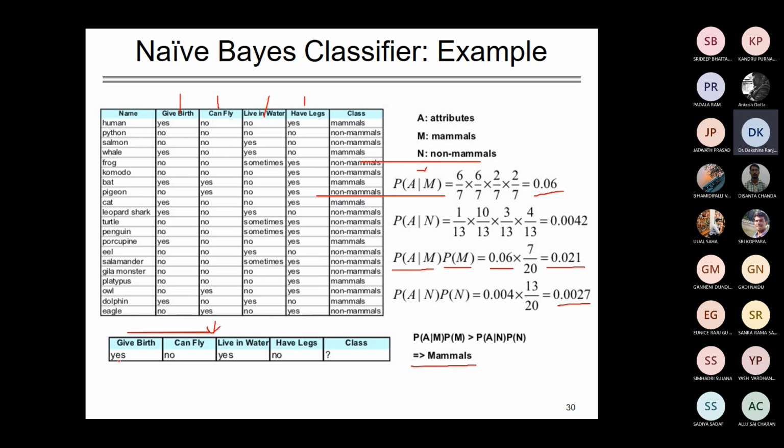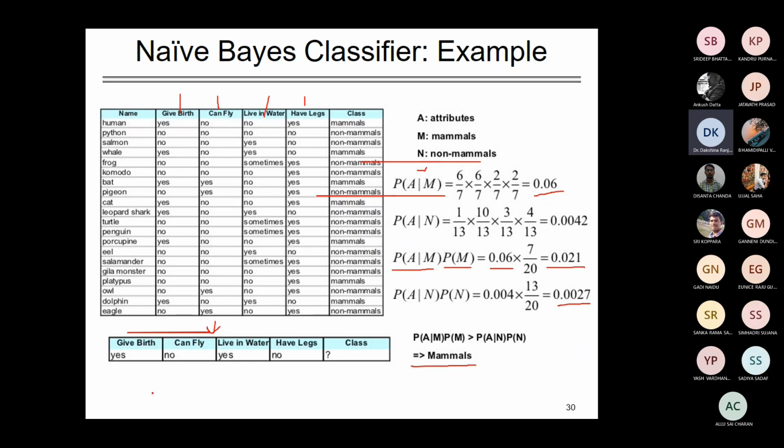So if some animal has this property, then from this data set we can predict the corresponding class is mammal class. Okay, so in this way we can apply the naive Bayes classifier, and we can get the prediction for the prospective class.